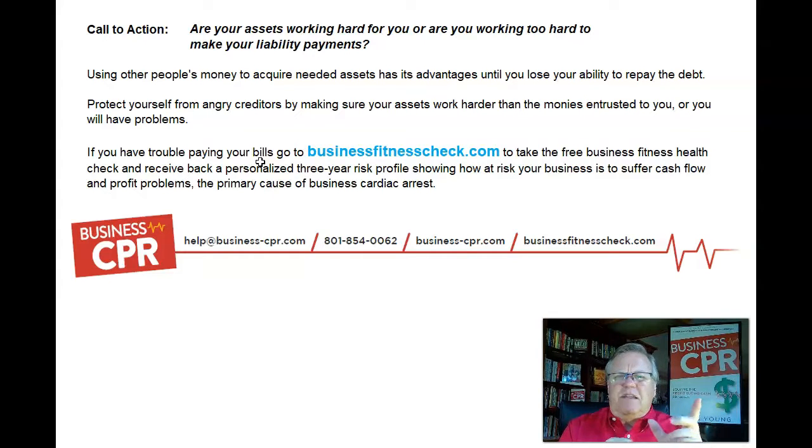Well, the business fitness test is designed to help gauge how healthy your business is so that you can appreciate what your risk level is to suffering a business cardiac arrest. And a business cardiac arrest is simply defined as you're not generating enough profits, and as a result, you don't have sufficient cash flowing through your business that puts you in cardiac arrest.